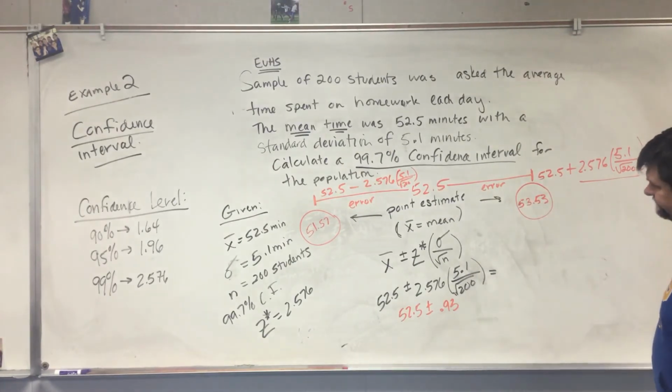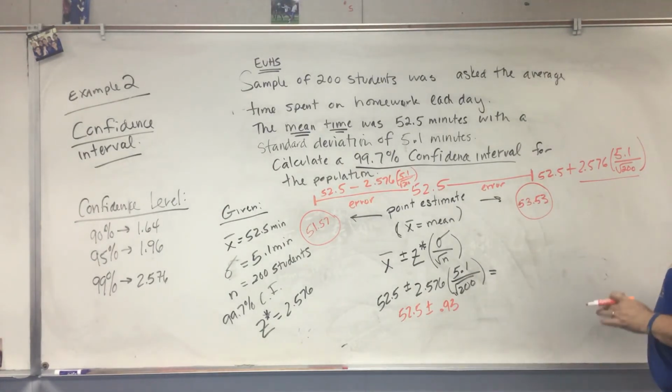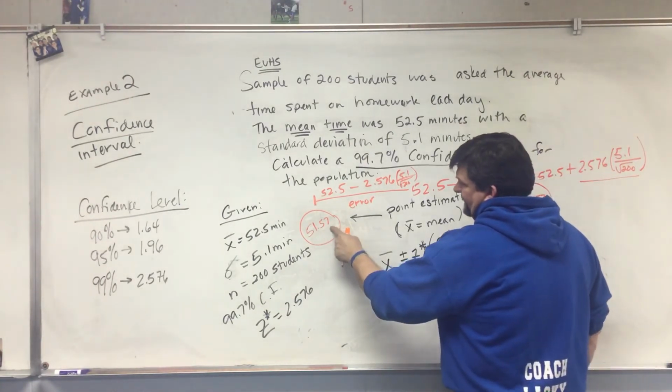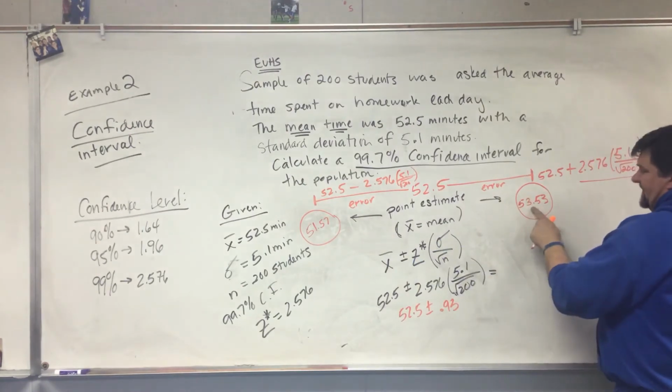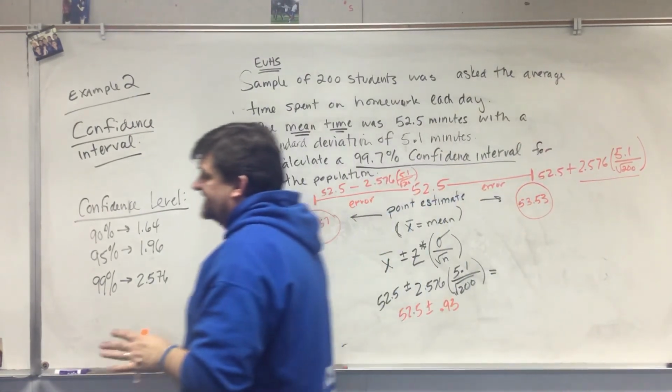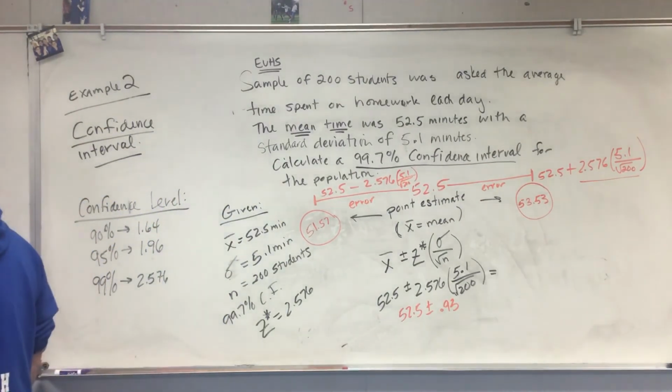So we have an interval now. We have an interval from 51.57 to 53.53. So what does that tell us? It tells us something about the entire population.